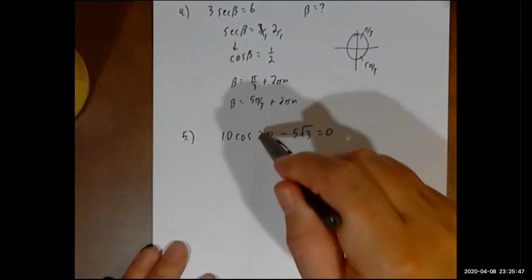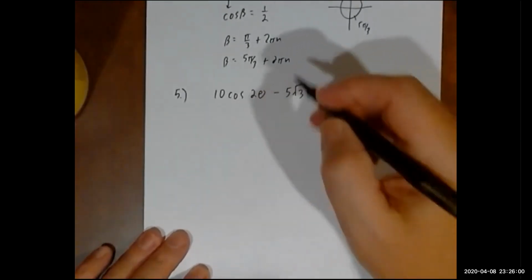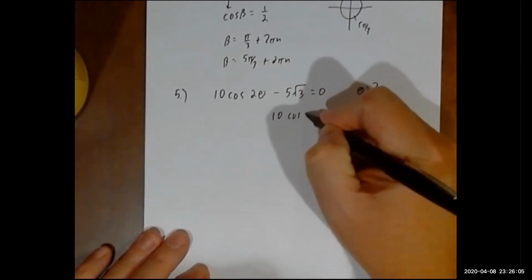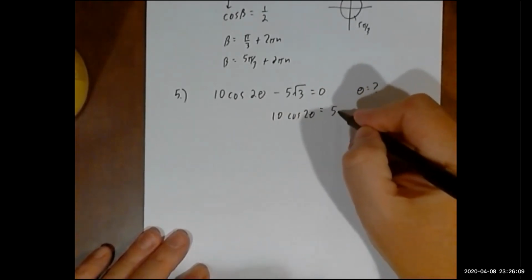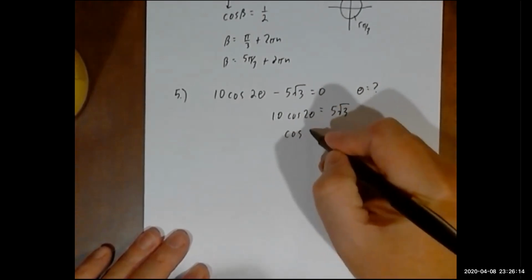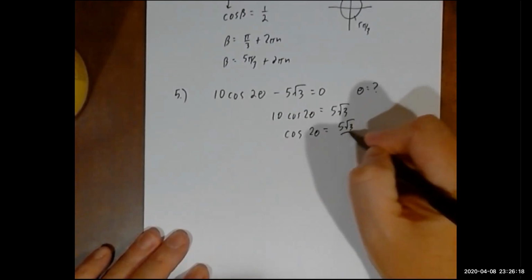Now I'm going to solve this equation for cosine of 2 theta. So let's try and get cosine of 2 theta by itself. Ultimately, the solution is going to be what is theta equal to? Well, let's get 2 theta by itself. So I'll add 5 square root of 3 to move this to the other side. I'll divide both sides by 10. 5 square root of 3 over 10.